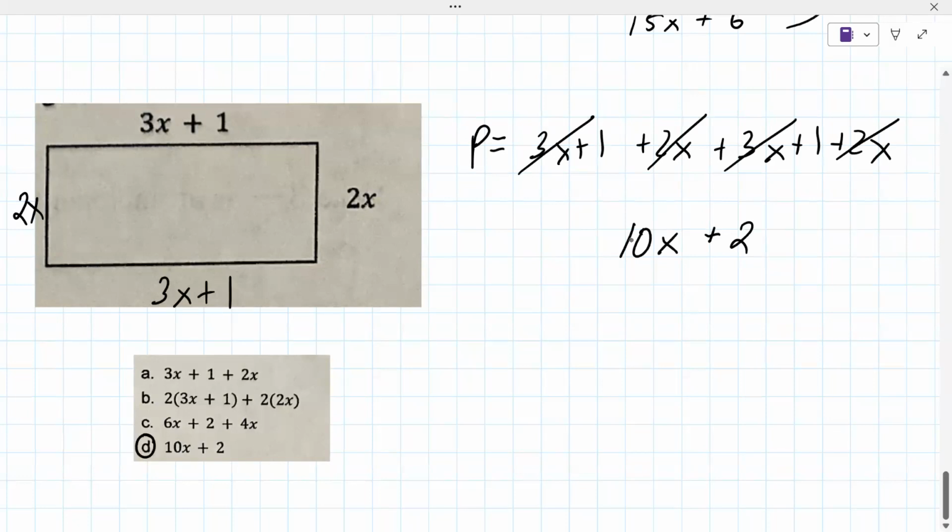Now, unfortunately, the way they've written this problem, and I actually do kind of like it, is that you have to combine like terms for both A and C as well. See if it's correct. So go ahead and do that for me. Maybe you'll notice that one is correct or not.